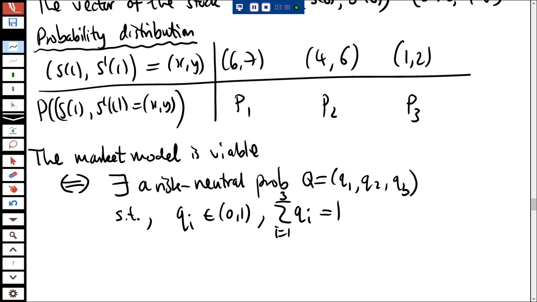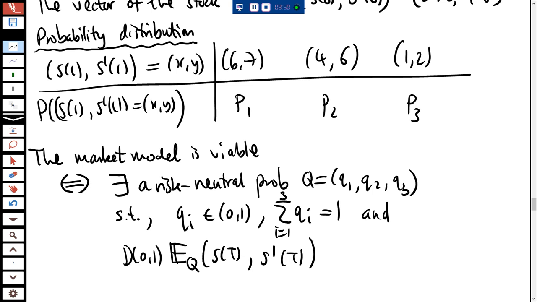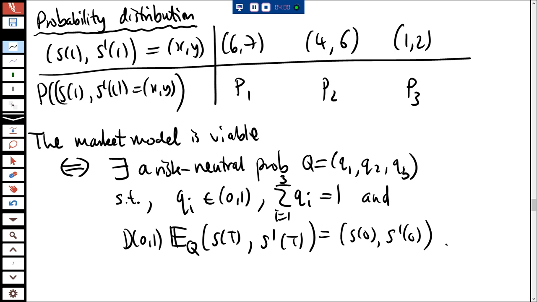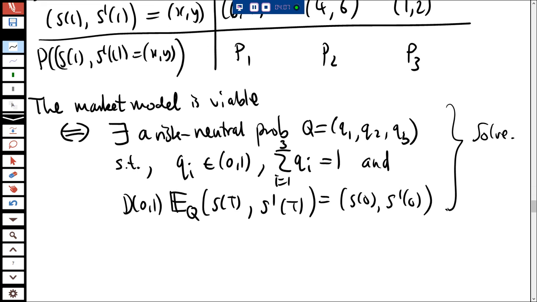That's the first condition. And if we calculate the expected future value using this probability distribution and then discount it to today, we should get the original opening prices of the stock market. So this is the system we need to solve, trying to figure out: is this possible?